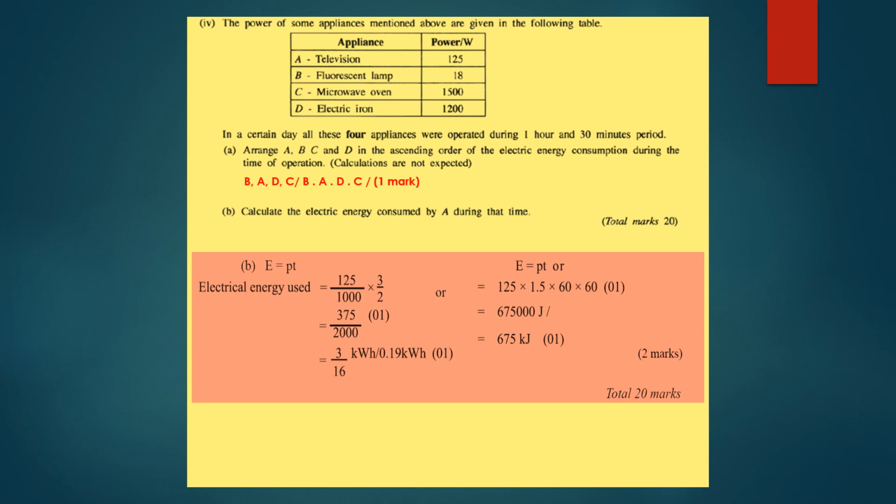Then the electric energy consumed is 3 over 16 kilowatt hours. Or you can apply E equals PT, where E is energy consumed, P equals 125 watts, and T is the time taken in seconds, 1.5 × 60 × 60. So energy equals 675,000 joules or 675 kilojoules. You can earn 2 marks.